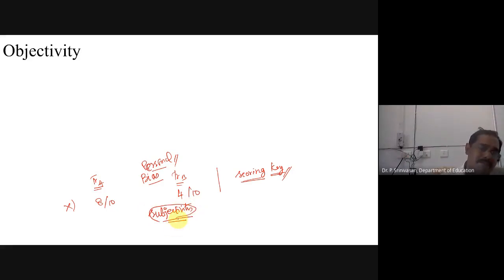Subjectivity means bias. One teacher giving the score more, another teacher giving the score less, which means there is subjectivity. If you understand subjectivity, now you can tell what objectivity is.